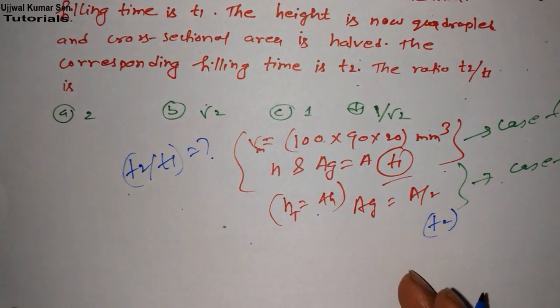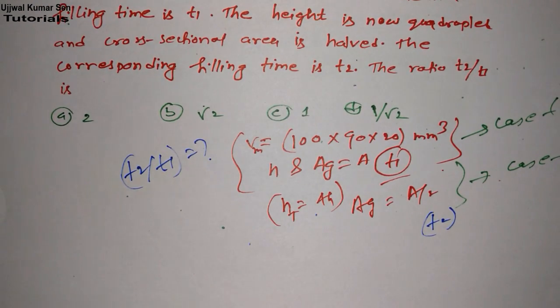They did not say what type of gating system they are using. So if they are not telling you what type of gating system to use, then you should go for the top gating system.